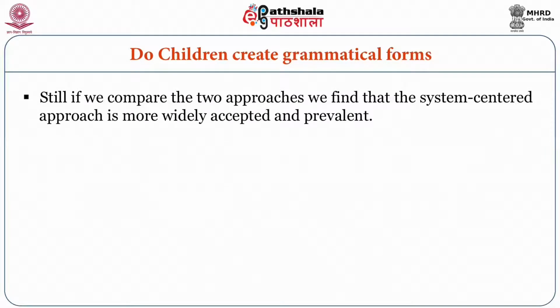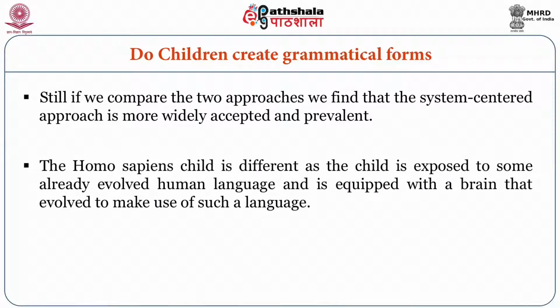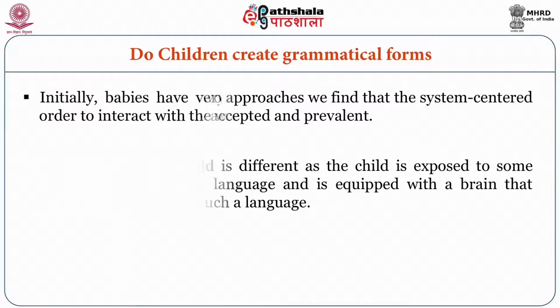Still, if we compare the two approaches, we find that the system-centered approach is more widely accepted and prevalent. The Homo sapiens child is different as the child is exposed to some already evolved human language and is equipped with a brain that evolved to make use of such a language.